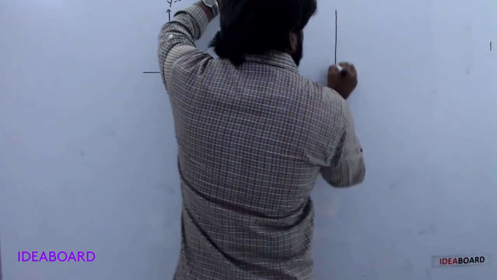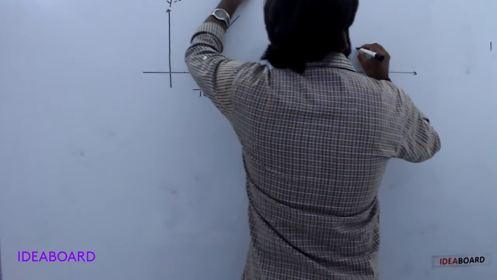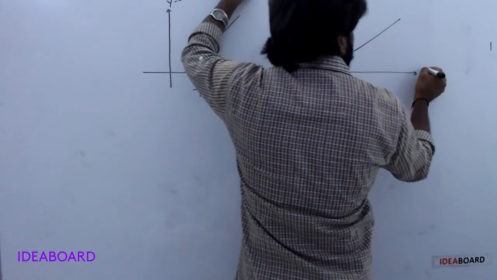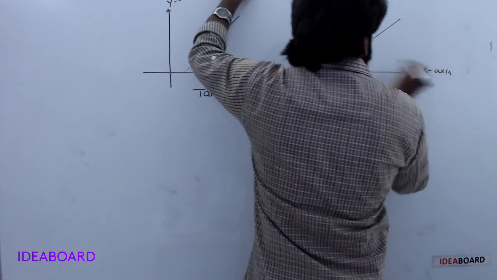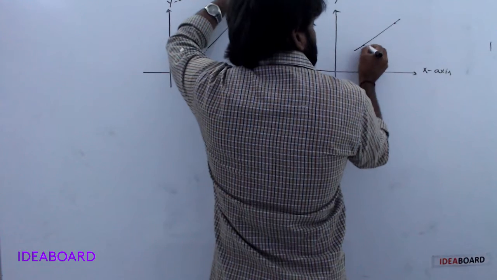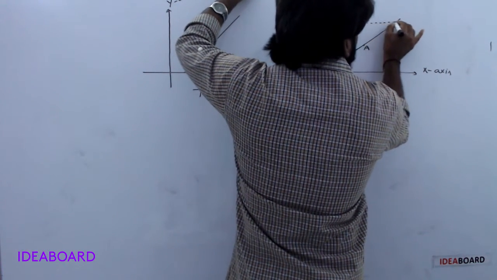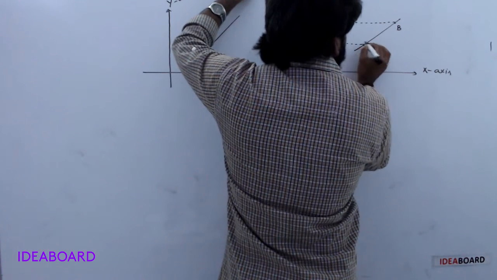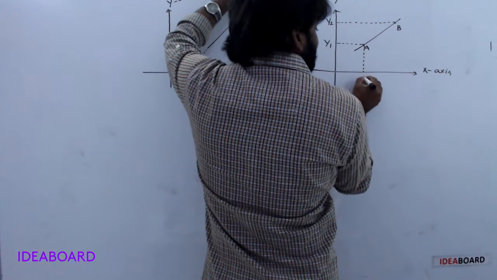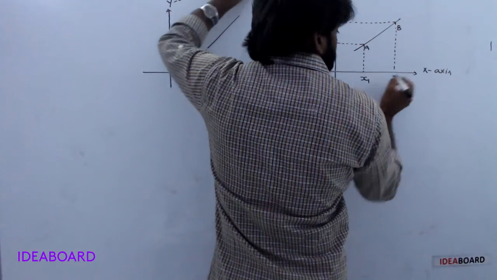And another one, this one. Here it is the y-axis, this one is the x-axis. Consider two points on this line, A and B. Here perpendicular lines from the y-axis and also from the x-axis, x1, x2.